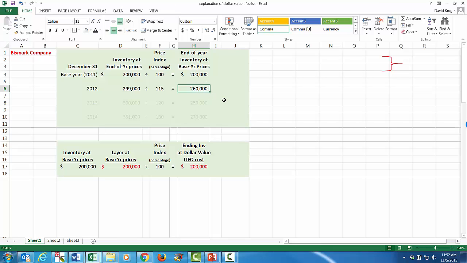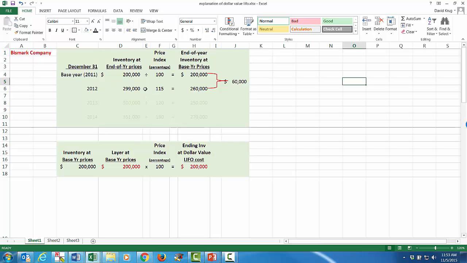So what we have done is we have isolated the change in this account, which is going to be totally based on quantity. Let me show that to you. Okay, the change between these two numbers is $60,000. That $60,000 increase is not due to increase in prices, because by dividing by the price index, we've taken care of that.